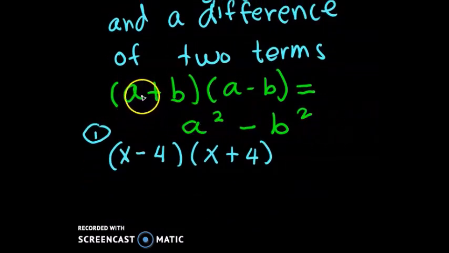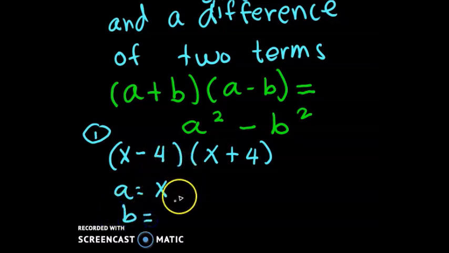We must look for what is our a here, our first term, and what is our b, our second term. In this example, our first term, our a, is x. Please don't confuse the sign, because all you need to do is look for the number in that particular position. So our b is 4.